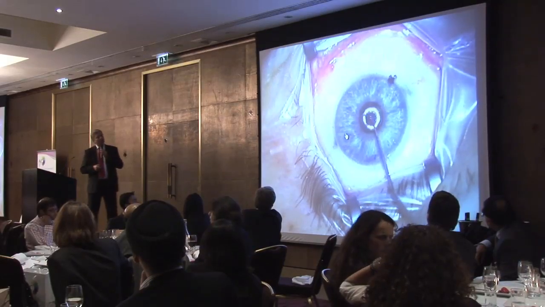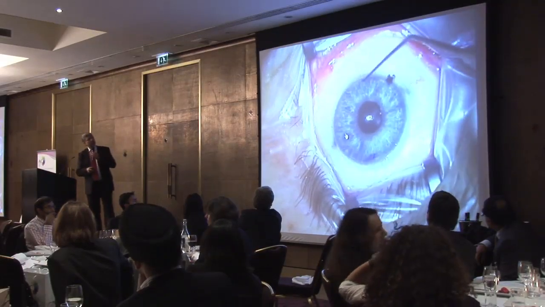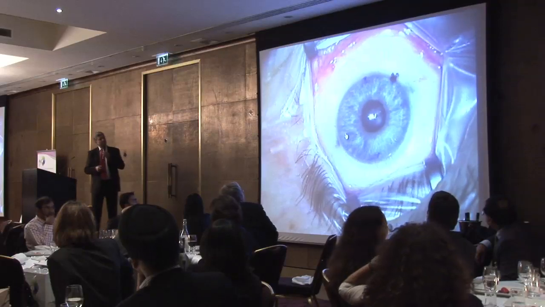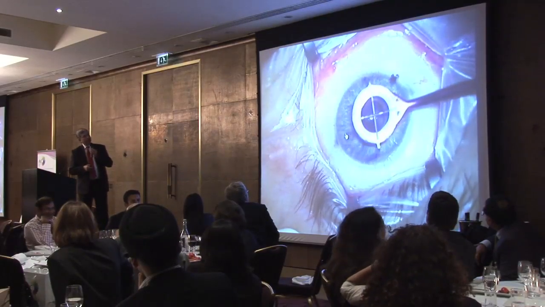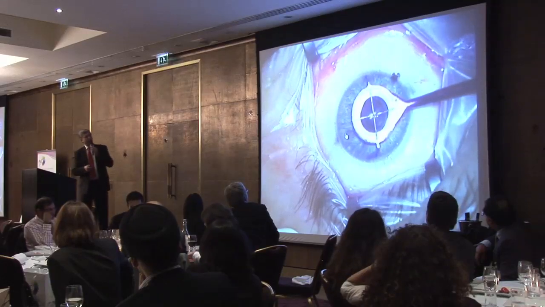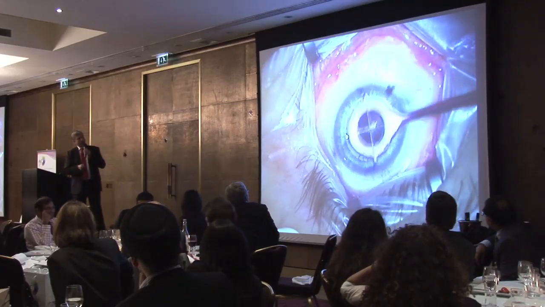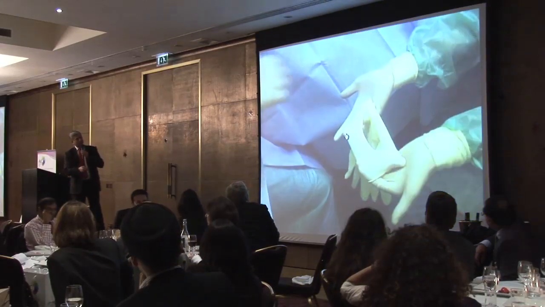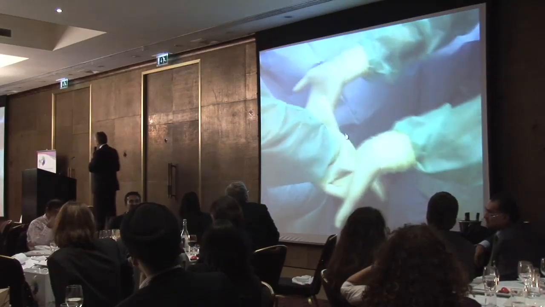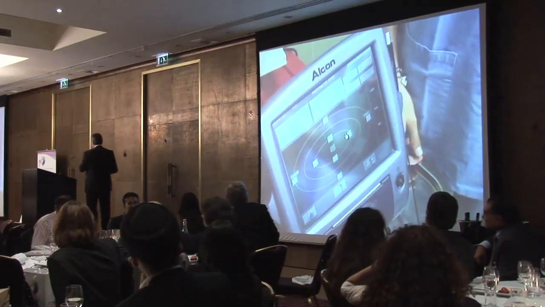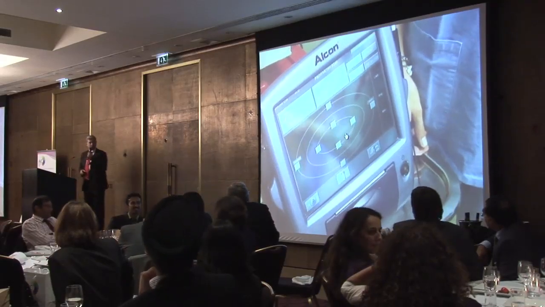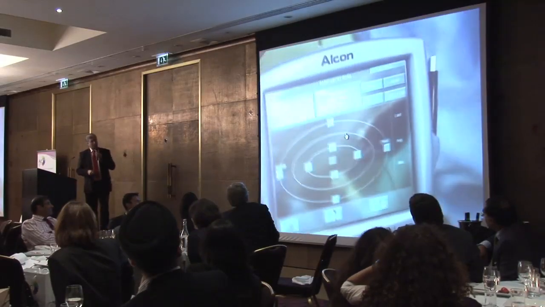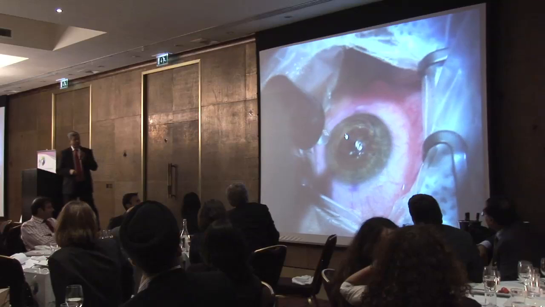And then now we mark the zone which is 5.5 millimeters in diameter. We measure in the place of incision, we measure pachymetry perioperatively to count 80% of that.